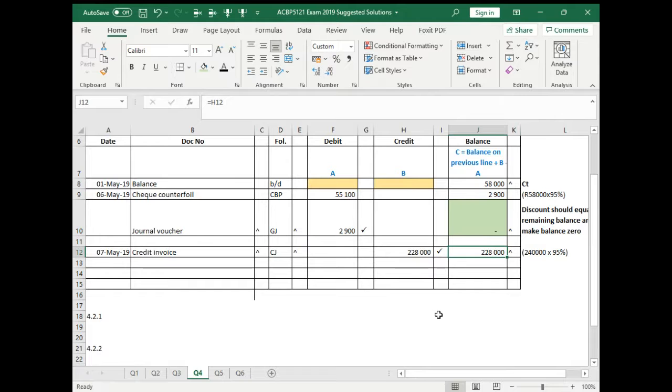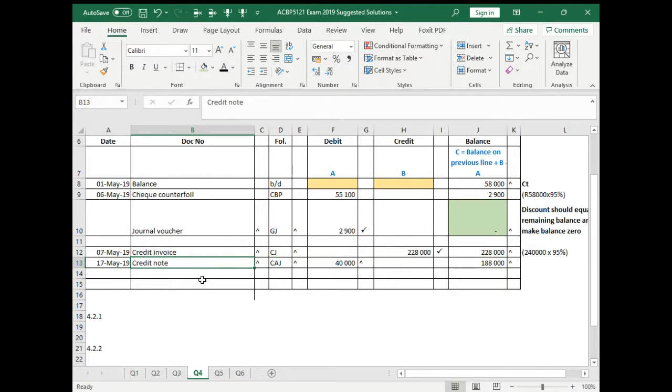Then the next transaction was on the 17th. We've now returned some of this merchandise back to the creditor. So that means we would reduce our creditor's balance, and when we reduce the credit balance, we generally get a credit note.